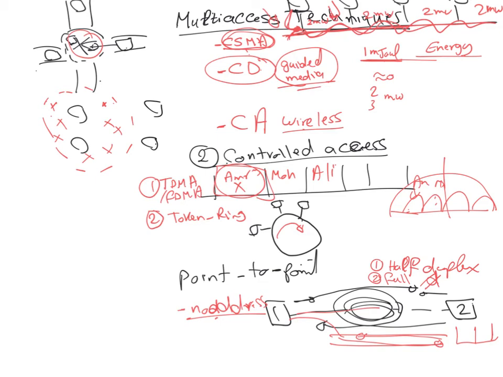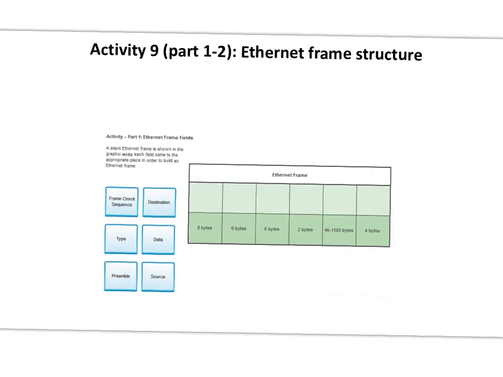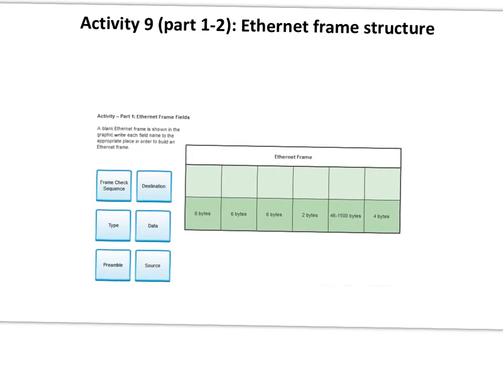So very quickly, we want to talk about the Ethernet frame structure. Remember, we talked before about the generic frame structure, which is part of the ISO reference model. We said that it is abstract and does not align with any specific protocol on the internet.